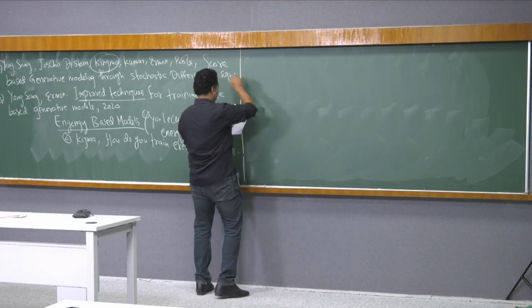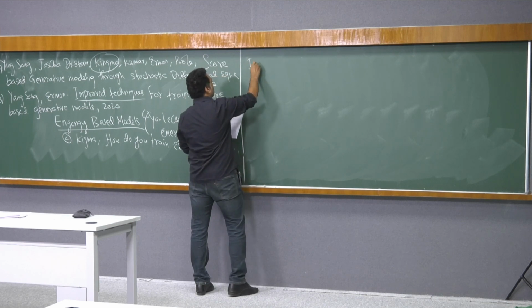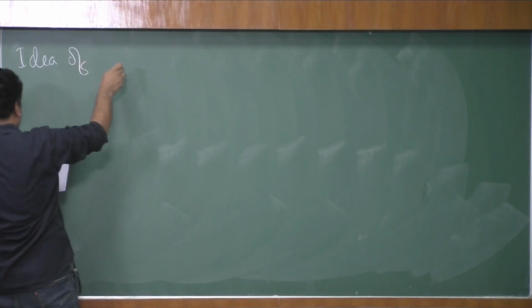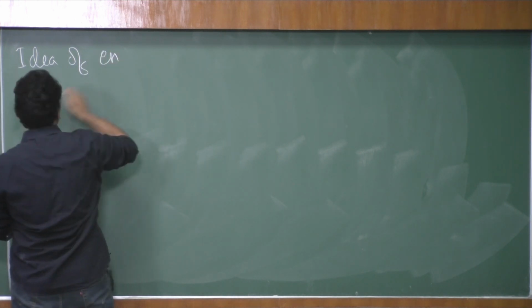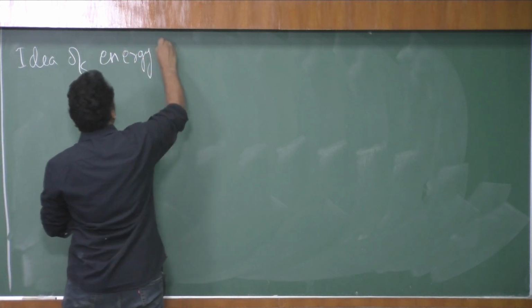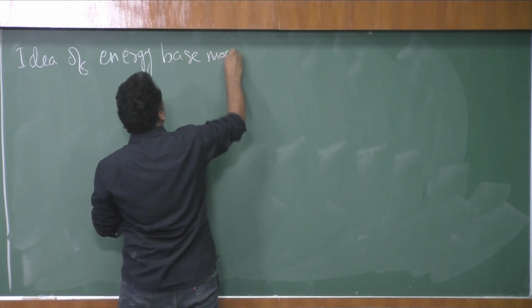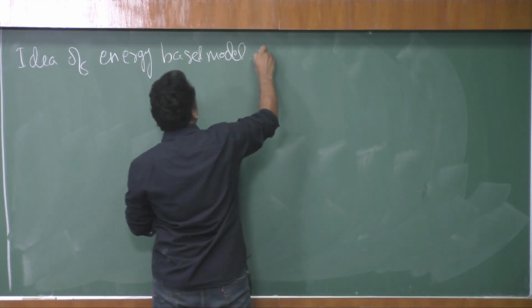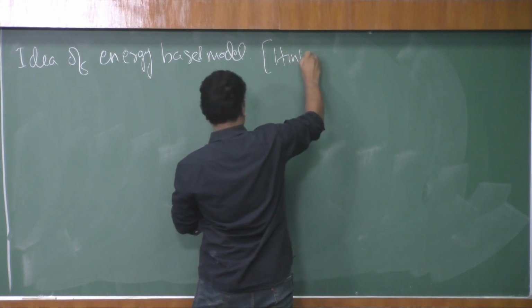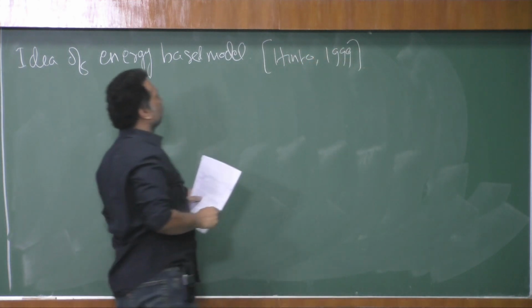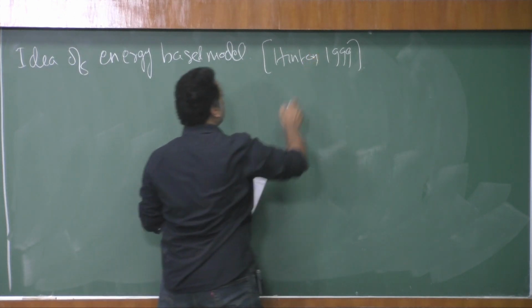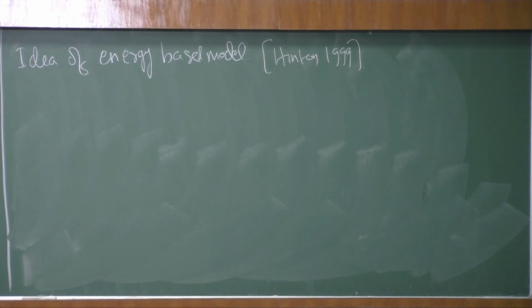So the initial idea was indeed by Hinton, which is referred to here, but I usually read this as energy-based model. This is by Hinton, a big shot in case you don't know. He got the Turing Award, and he's one of the key persons behind most of the machine learning revolutions you can think of, especially deep learning.